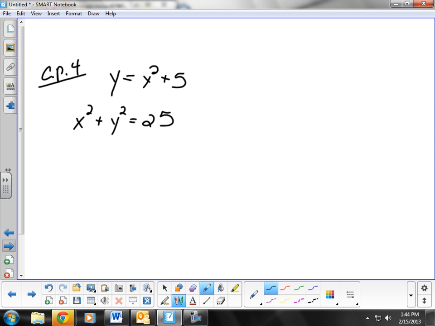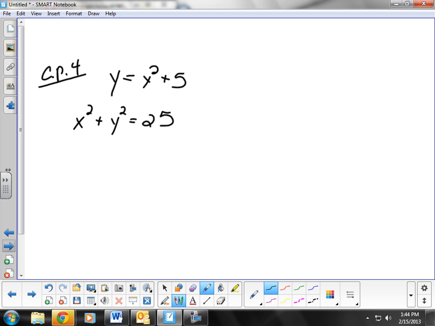Okay? So I've got a parabola and a circle, so I could have up to 4 solutions, right? All right, so can I do this one with the elimination method? No, because I've got an x squared that's in common to both of them, but my y squareds are different. I can't, and then I'd get up to an x to the 4th, so I'm just making it worse.